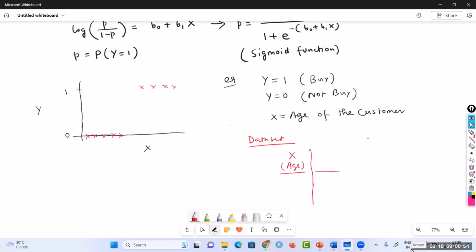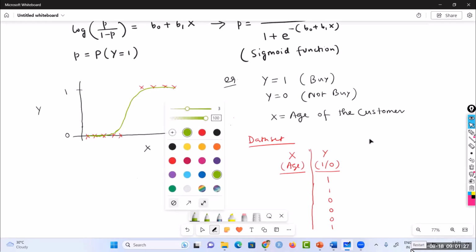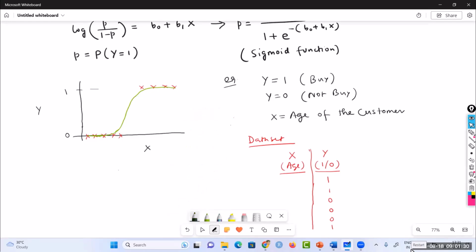So x column and y column. y is either 1 or 0. So x is a numeric value, age, or you can say it's continuous, and y is 1 or 0. Here my curve will look something like this. So this is my sigmoid function.